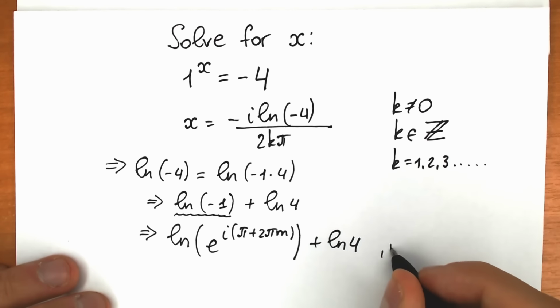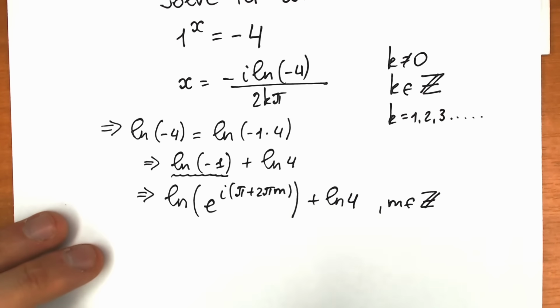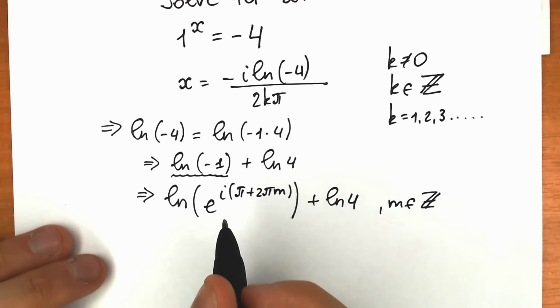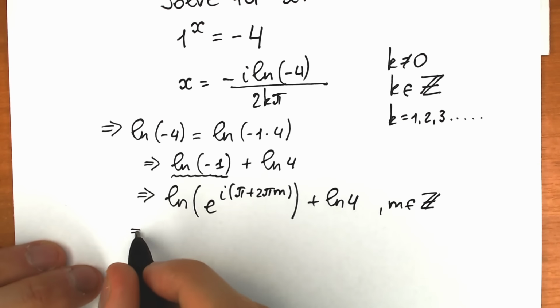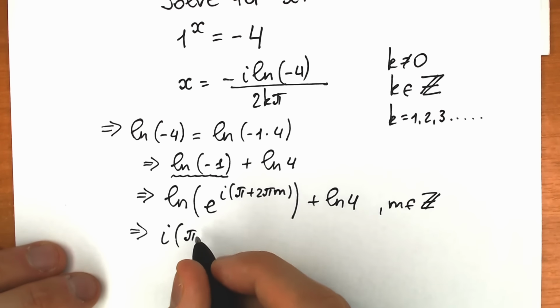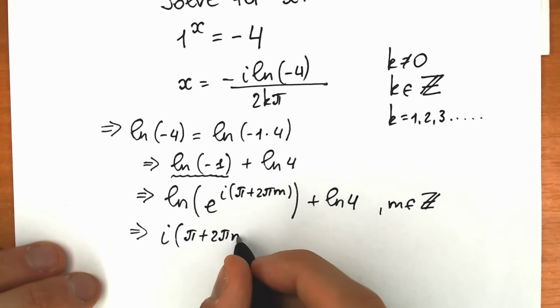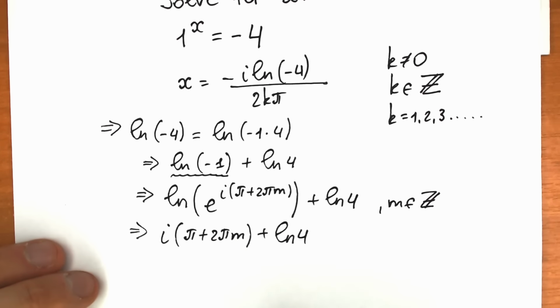Don't forget that m is an integer. Now natural log of e equals 1, and as a result this power comes down in front of the natural log. As a result, we have i times pi plus 2 pi times m, and plus natural log 4. Really great.